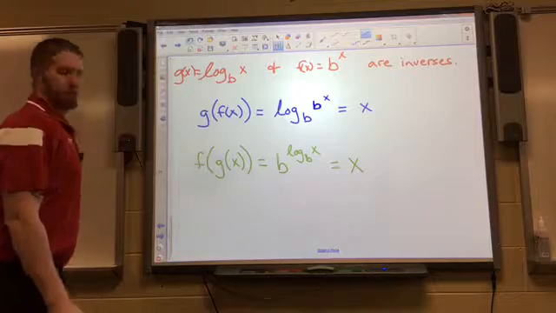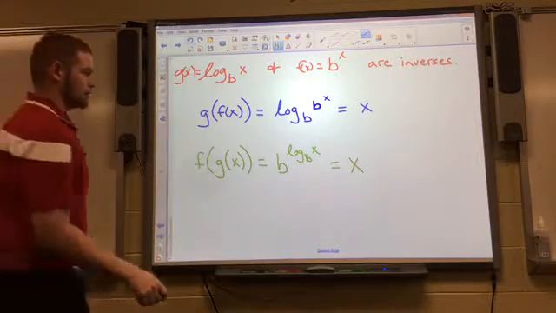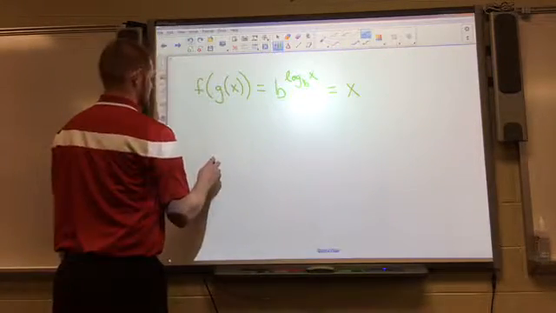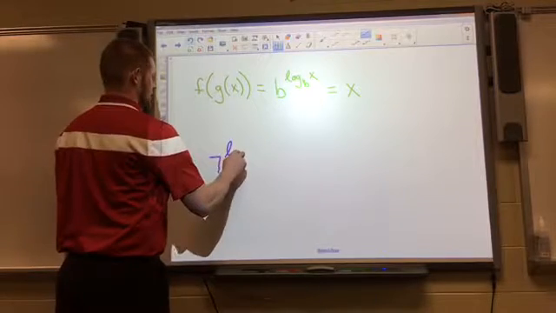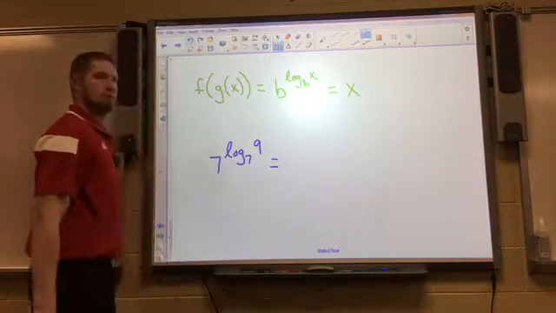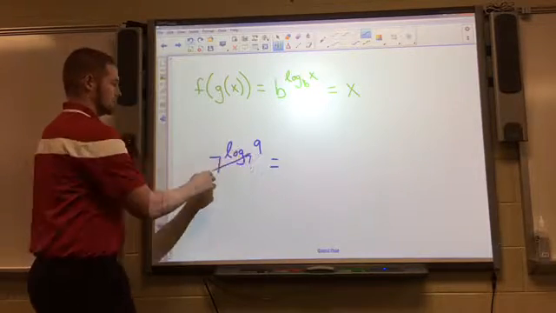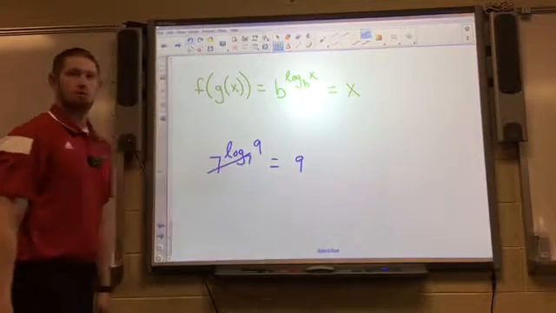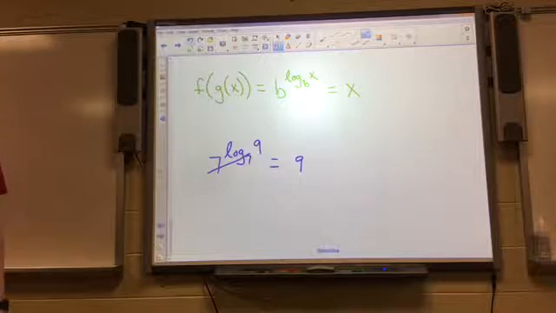Okay, so with that information, what would 7 to the log base 7 of 9 equal? It would equal 9. Okay.